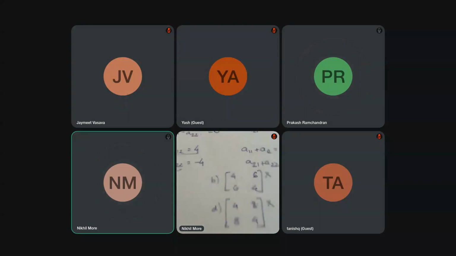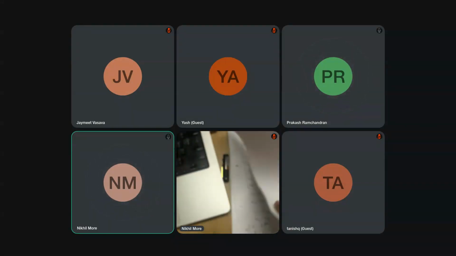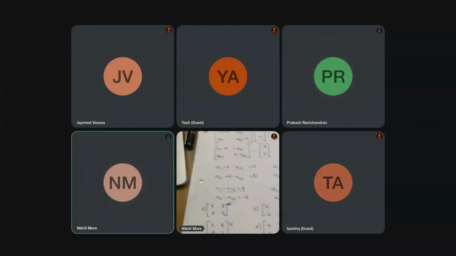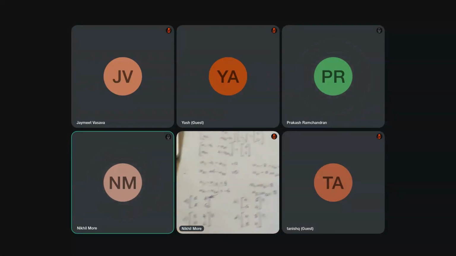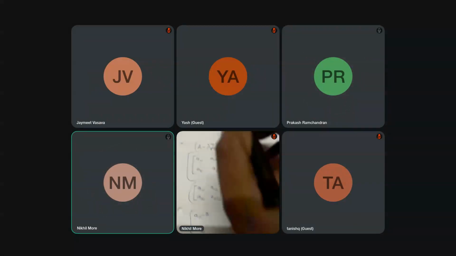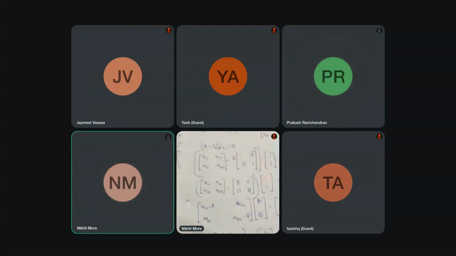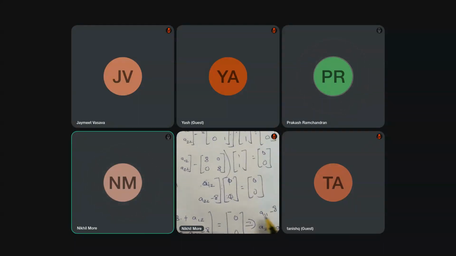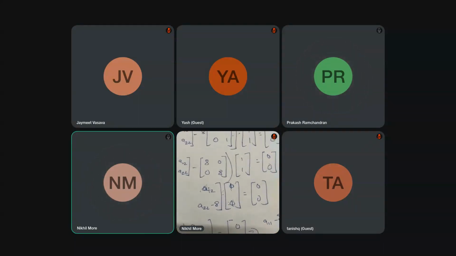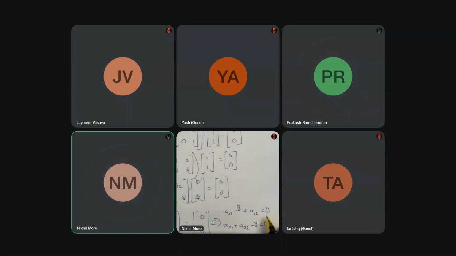What should have been done is that when we solved the first case, where lambda 1 is 8, we had already got the equation A11 plus A12 is 8.